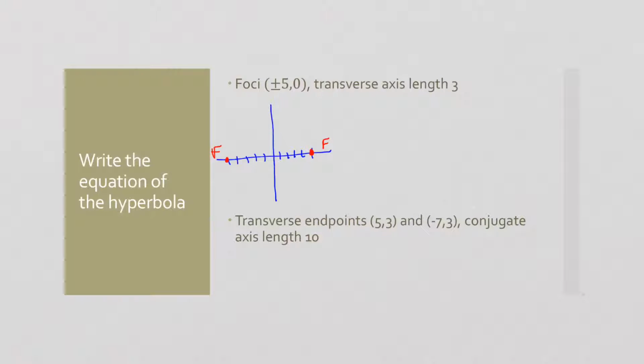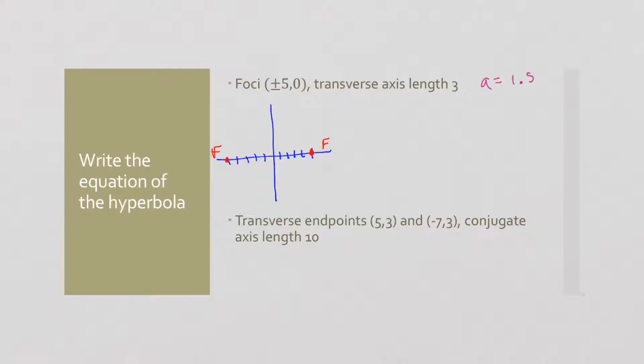So now we have our focus. We're looking for the transverse axis. And if you notice on your sheet, it's the semi-transverse axis. So again, it's half. So A is 1.5, because that is half of 3. Remember that semi means we take our length and we divide it by 2.